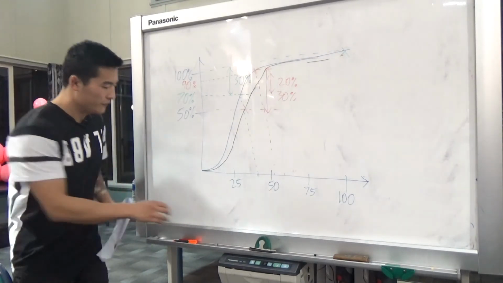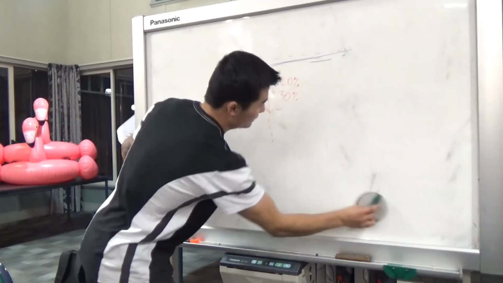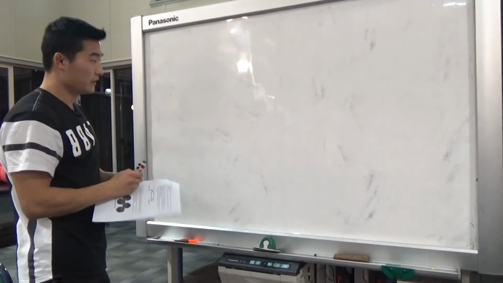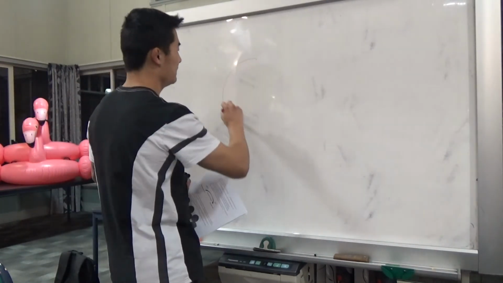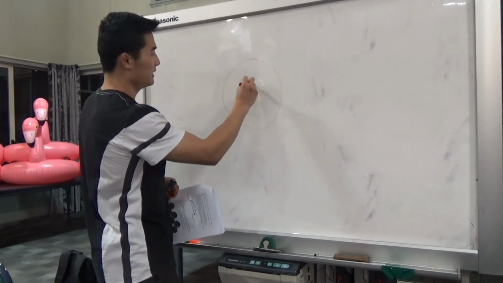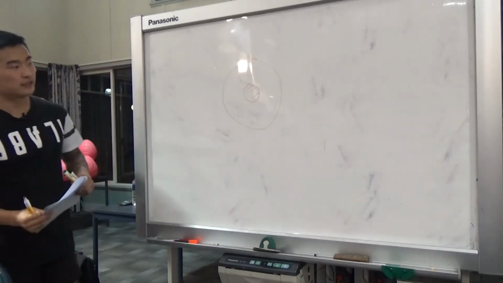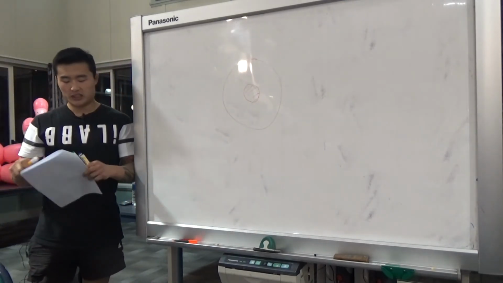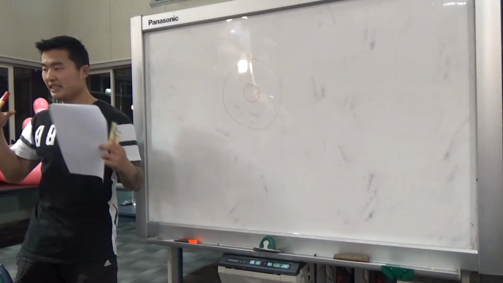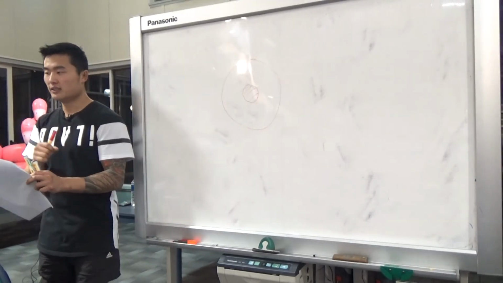Okay, so if you look at a normal red blood cell, it's nice and circular with a little bit of a dimple in the middle. So it's a nice donut shape which is flexible, and that allows it to squeeze through the capillaries, because remember your capillaries get very, very small.